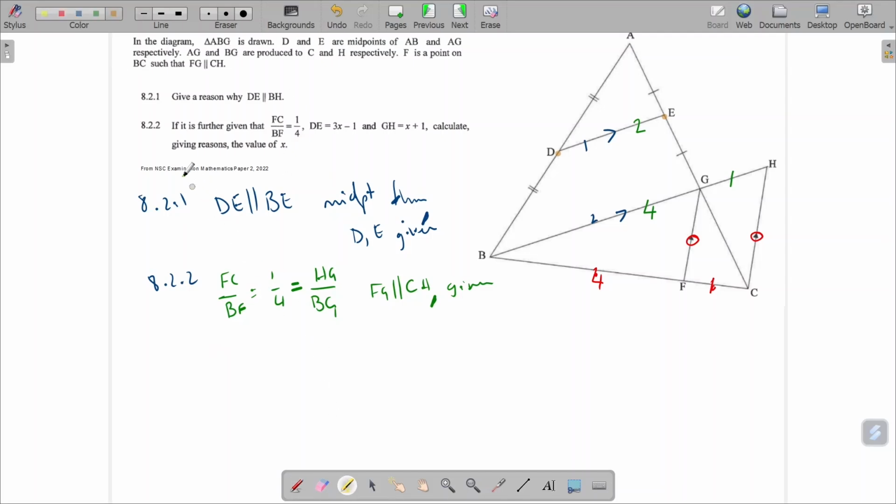Again, over here we can see we are talking about HG over here. And we've got given HG over here. And we've got DE. Well, we know that DE is half of BG. So we now know that, therefore, HG to DE will be in proportion 1:2, because BG is 2 DEs by the midpoint theorem.